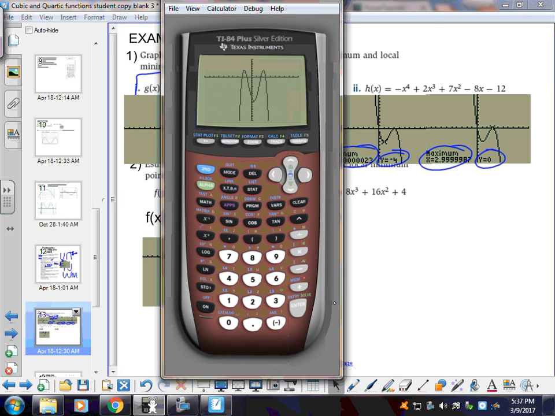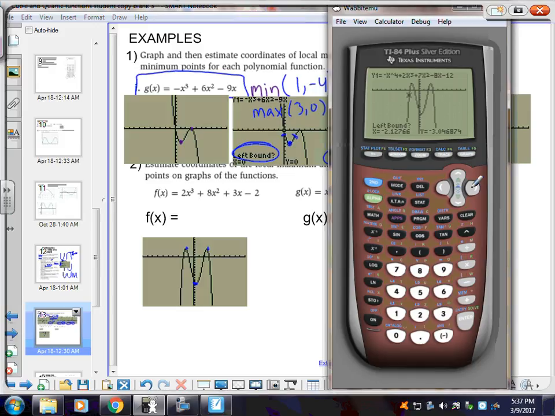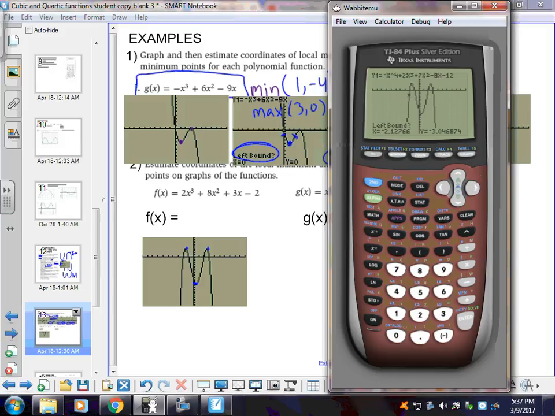So now we do second trace. Hit that button. I'm going to pick max first, because the first one going left to right I hit is the maximum. So I'm going to move my blinking cursor to the left of that point. All right, I'm to the left of that point. Okay, to the left. All right, hit enter. Now it says right bound, so I'm going to go to the right of it and hit enter.